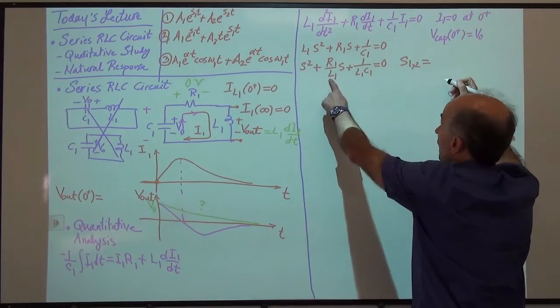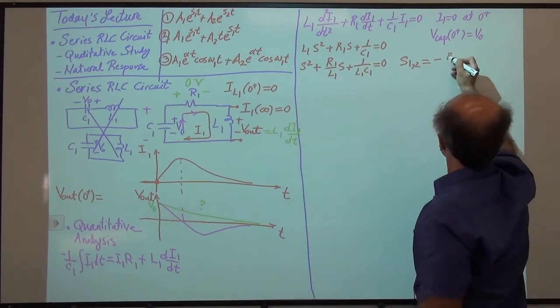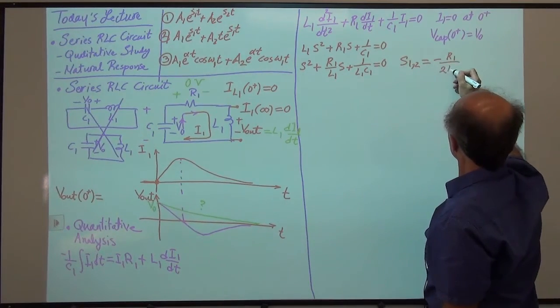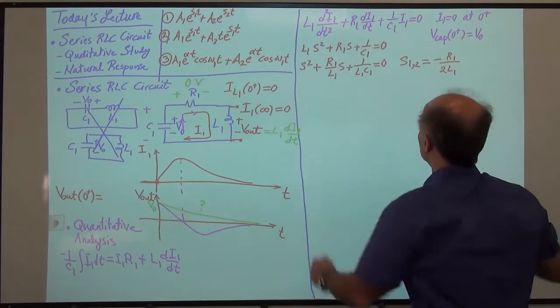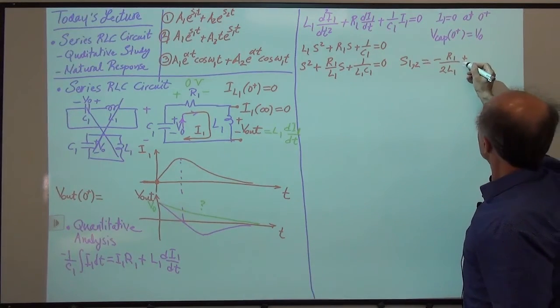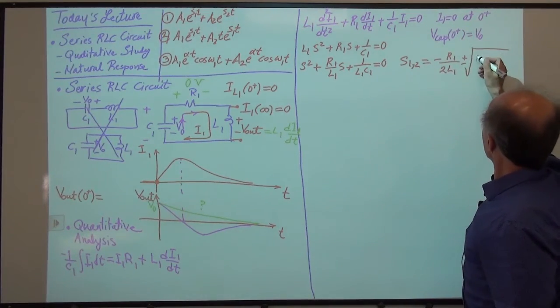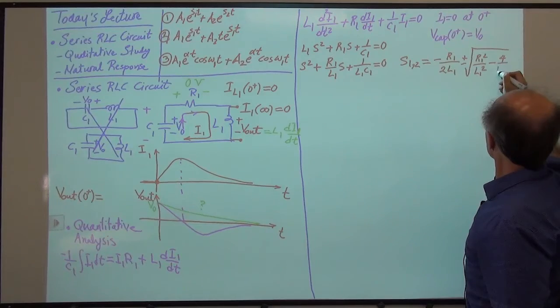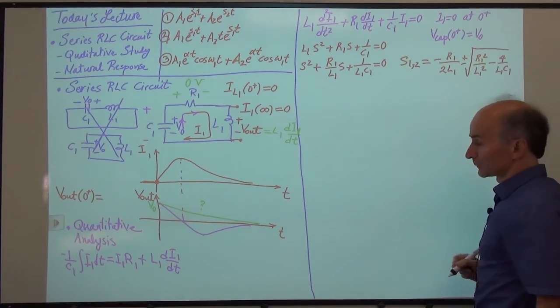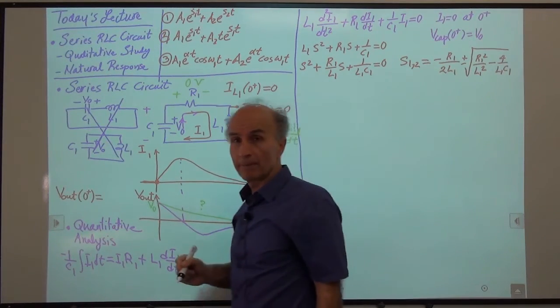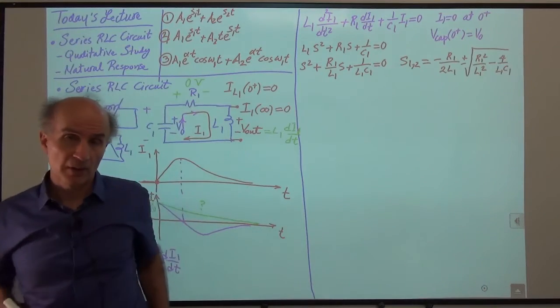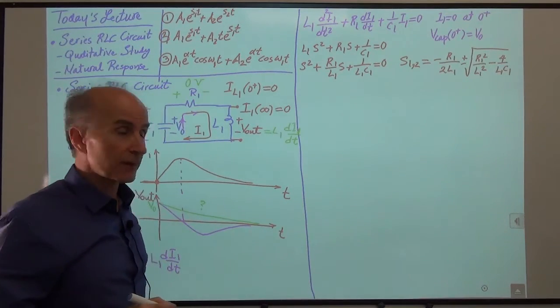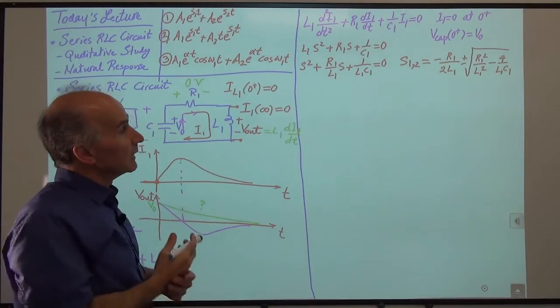That would be minus R1 over 2L1, because remember 2a is 2, plus or minus the square root of R1 squared over L1 squared minus 4 over L1 C1.